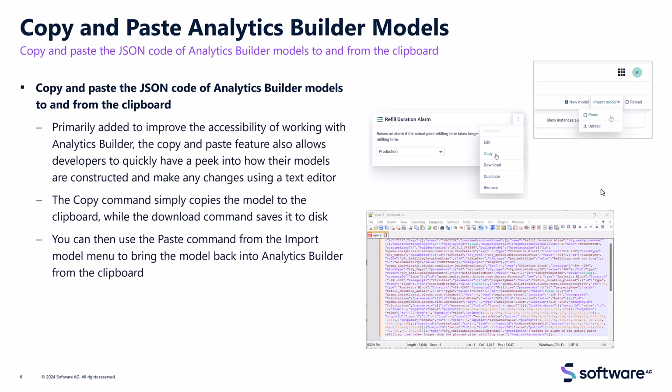Then you can paste it back in from the clipboard into Analytics Builder with any changes you've made. So it's primarily used for improving accessibility, but also a nice improvement if you want to manually edit your Analytics Builder models outside of Cumulocity.